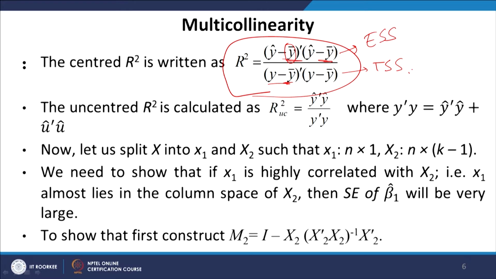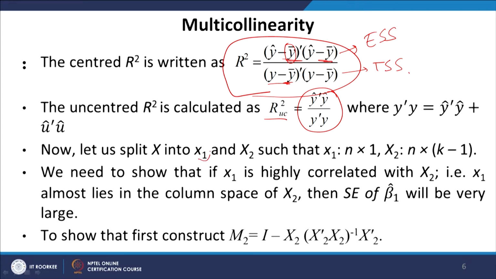Now, the uncentered R square is calculated as y hat prime y hat divided by y prime y. So, you can see that it is not centered around any value, and that is why it is called uncentered R square. It can be denoted by R square UC or R UC square. Okay. Now, let us split the matrix of independent variables X into two components.